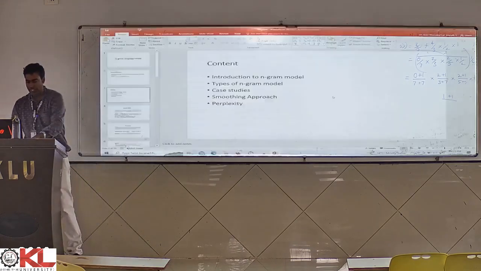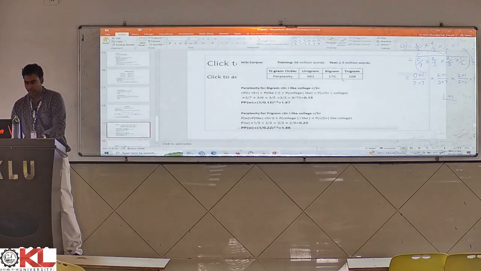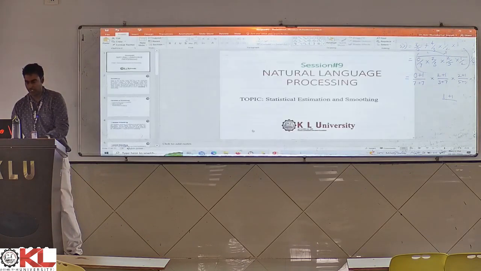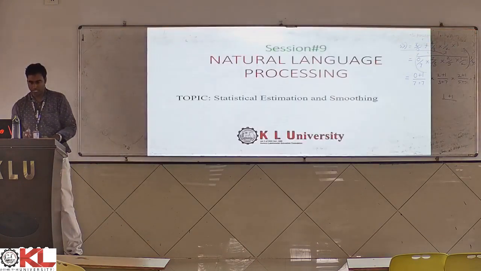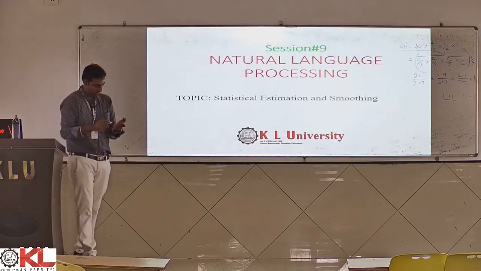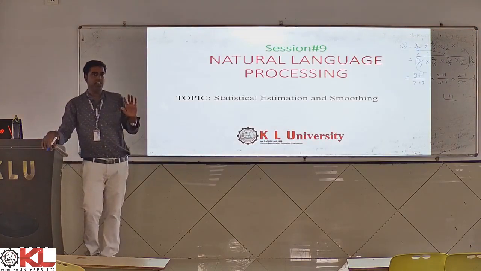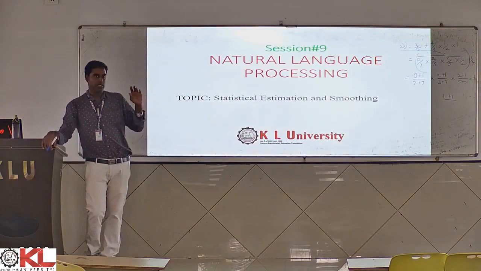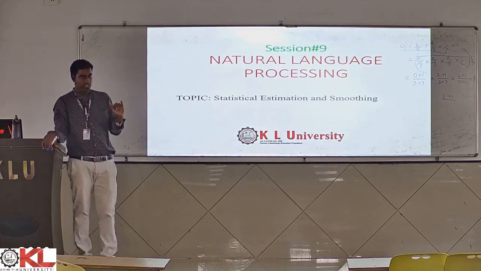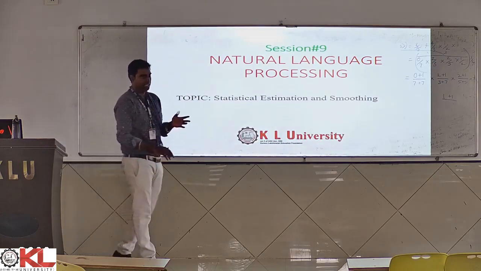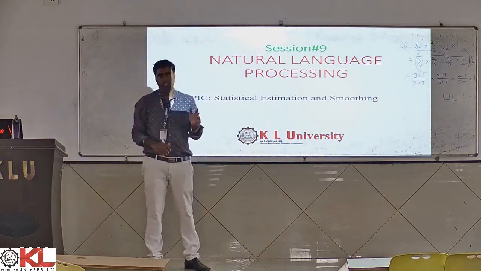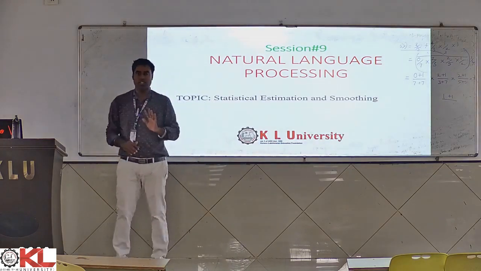So now we will see the other smoothing approaches as well, so that you will understand better. In this session, we have discussed how we can predict the word using the bigram model, the trigram model, as well as the 4-gram model.